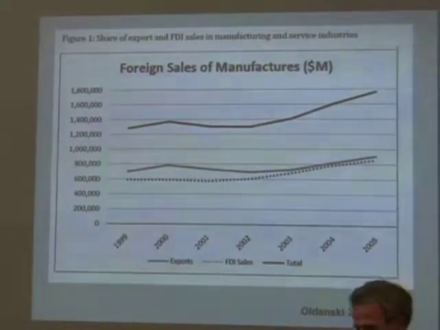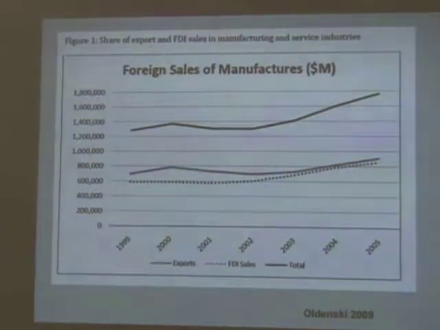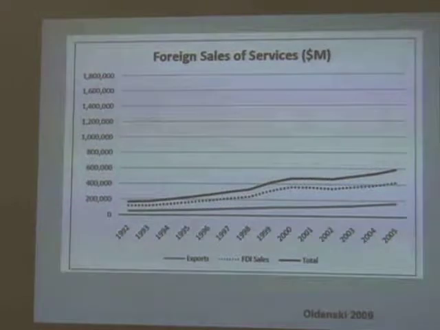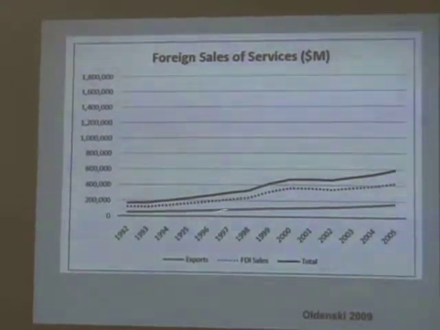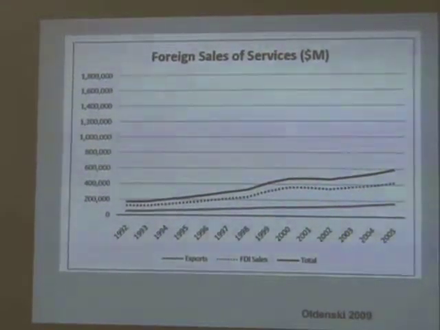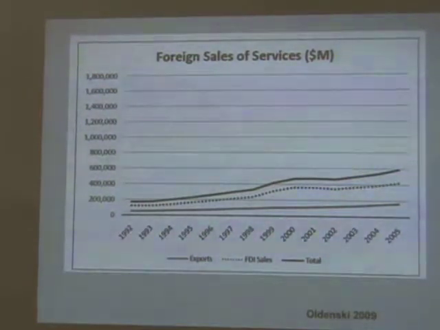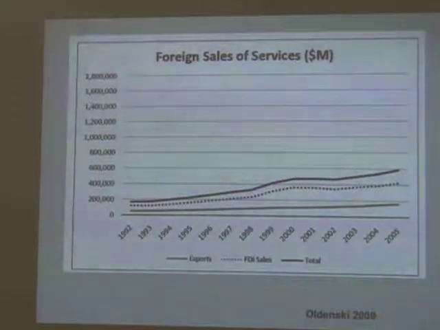This is for U.S. firms looking across, averaging across manufacturing industries. Okay. If you look in services, however, right, a much larger proportion of service exports is done through foreign direct investment rather than through producing the service and shipping it overseas, right?